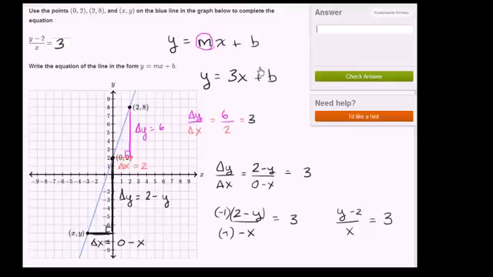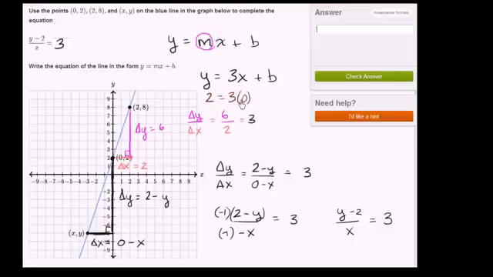And what helps us in this is to recognize that they've given us several points. They tell us that when x is 0, y is 2. When x is 2, y is 8. So we can use any one of those points to solve for b. I like using x equals 0, y equals 2 because it cancels this term out very nicely. So when x is equal to 0, y is 2.